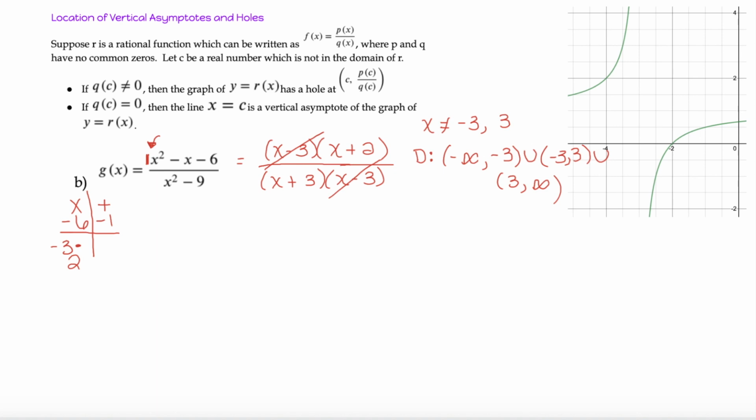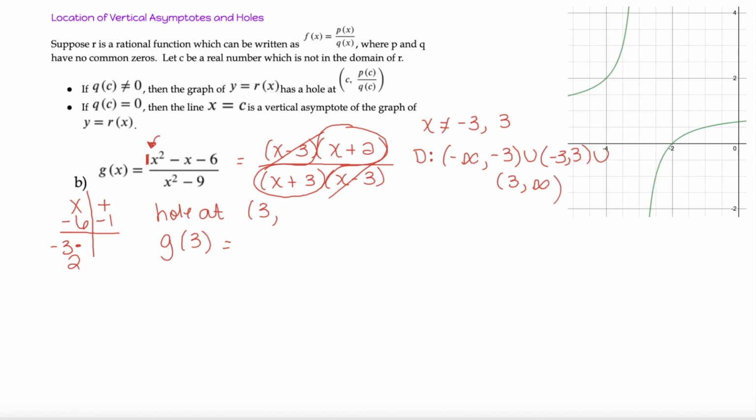So since we canceled it out, we have a hole at x equals 3 something. How do we determine where that hole specifically is located? I'm going to evaluate my function at 3 using the reduced rational function after I've gotten rid of my canceled part.